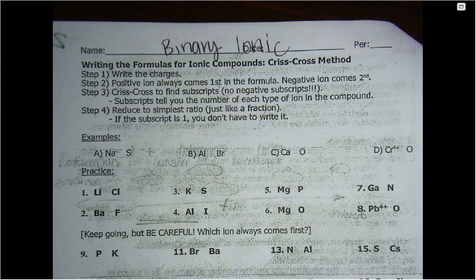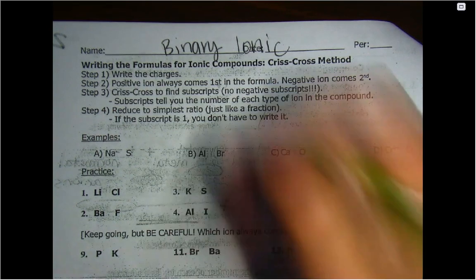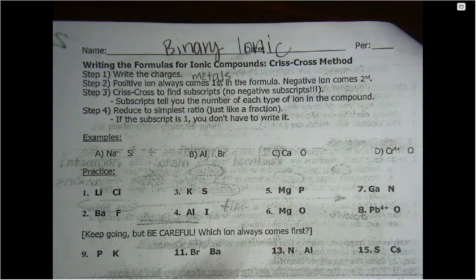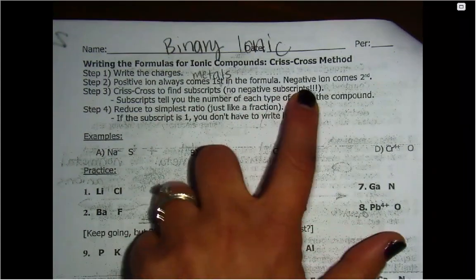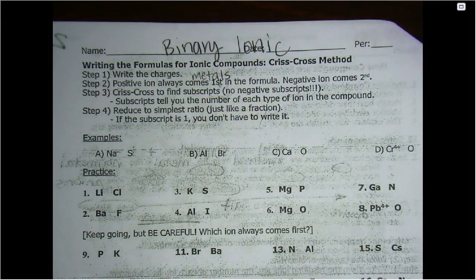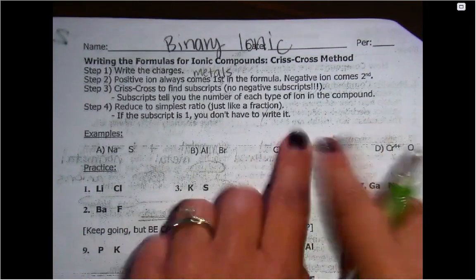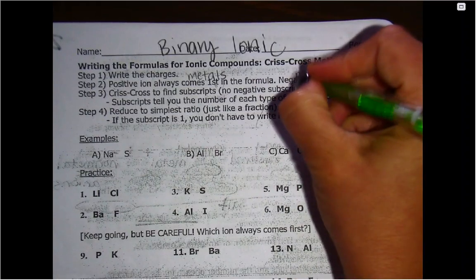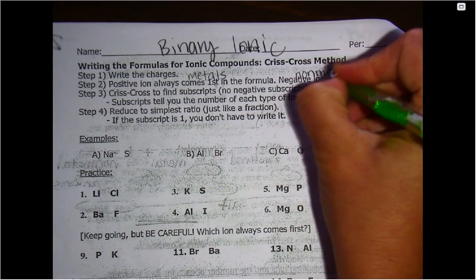They're the ones who have the extra electrons. So they can always go from the metals and transfer to the nonmetals. So metals always come first in the formula. Okay? Negative ion, and I'm recording it, so I'll post it, okay? The negative ion comes second. That is your anion or your nonmetal. Okay?